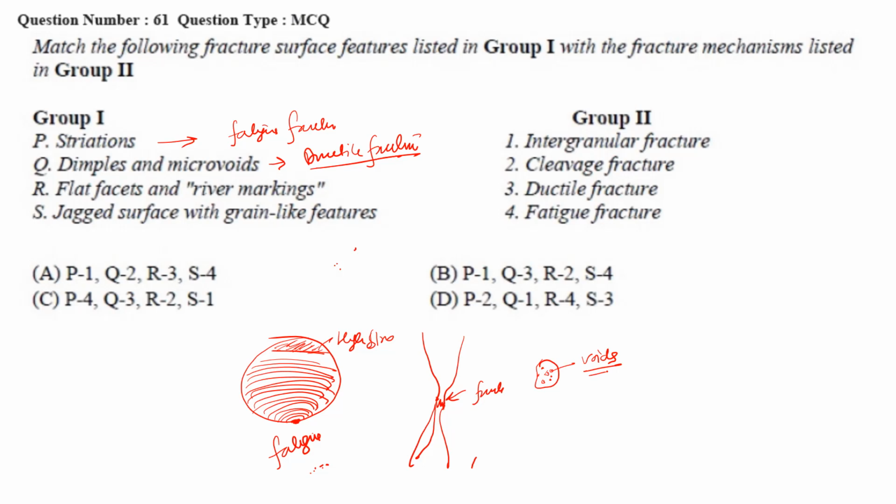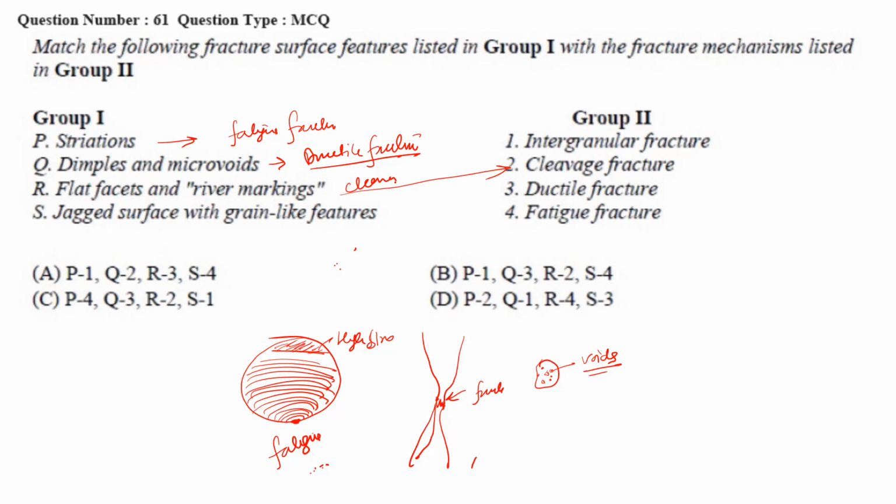Flat facets and river marking are cleavage fracture. Cleavage fracture happens when we apply a very high amount of stress which is unbearable, right?